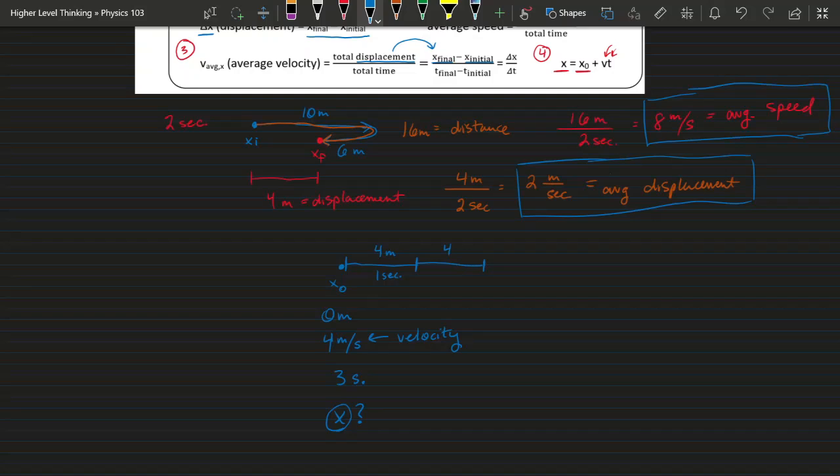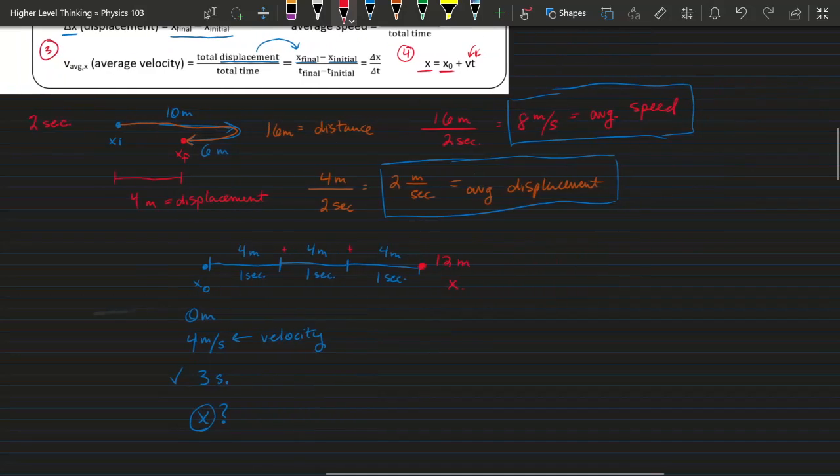And let's draw 2 more of those, because we are moving a total of 3 seconds. And that's another second. So if we take our final position after 3 seconds, we could just add 4 plus 4 plus 4 and get 12 meters, which is x.